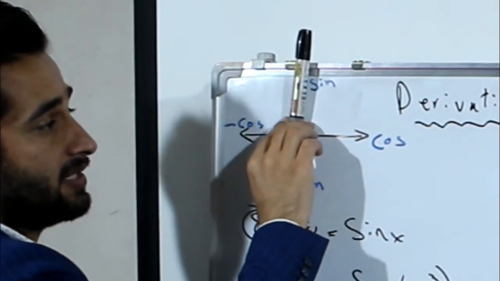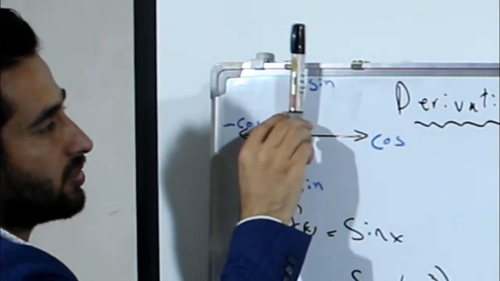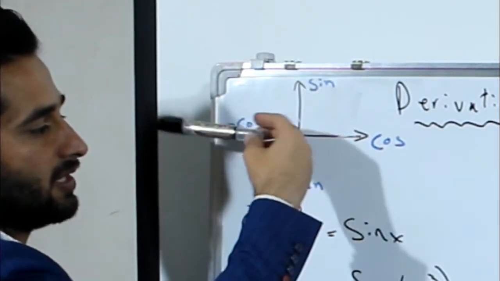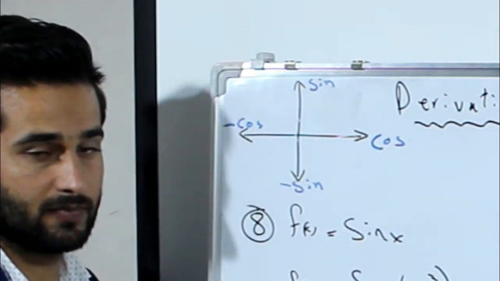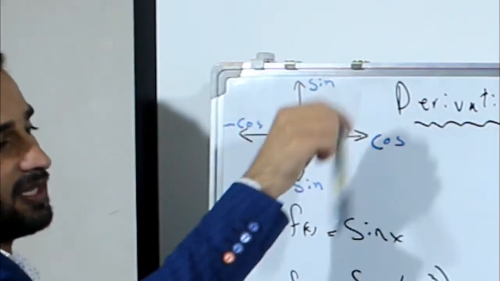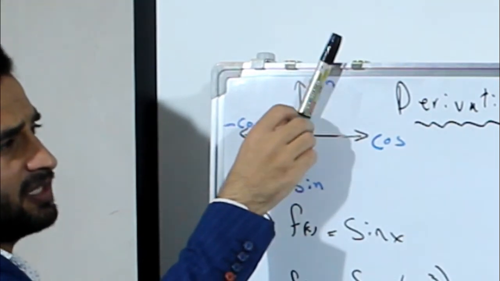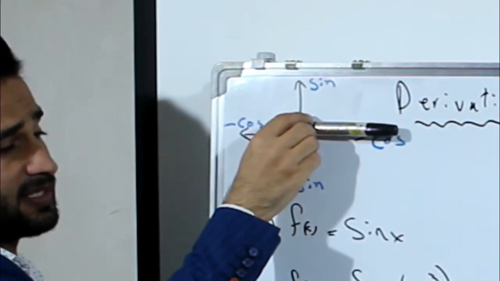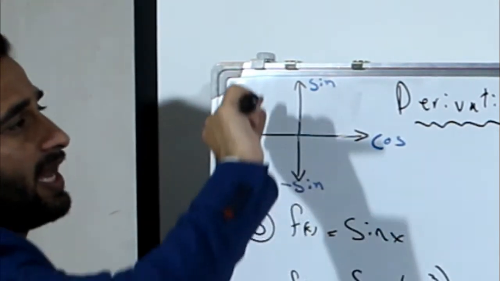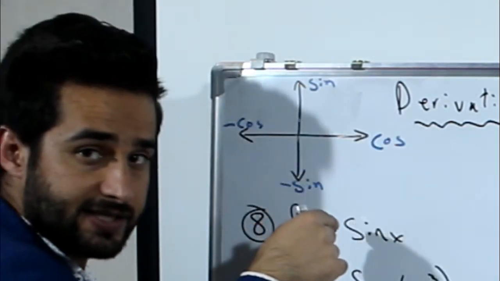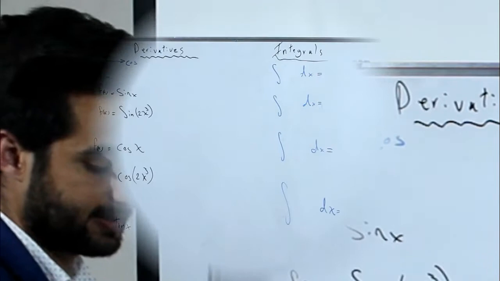So this is 90. So you increase 0 to 90 and 90 to 180 and then to this. But if I go in the clockwise direction, this is 90 and then this is 60 and this is 0. So in this way I will decrease.